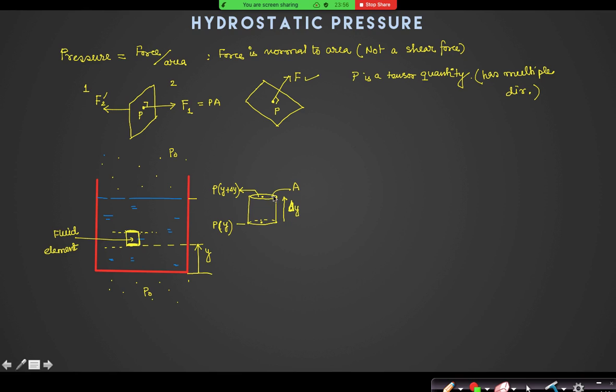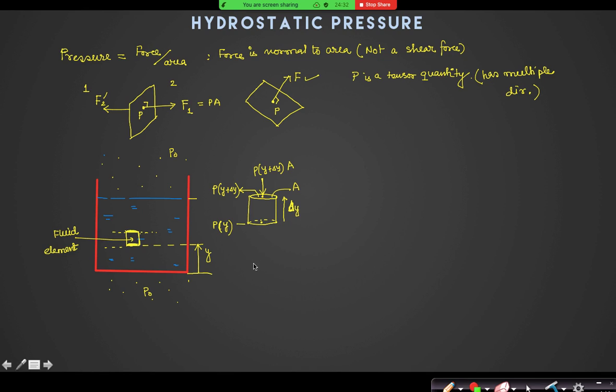On this area, the surrounding is the liquid above. That liquid will exert a force on this particular area, definitely pushing it downward. So if the pressure is P of y plus delta y, the force is P of y plus delta y into A.